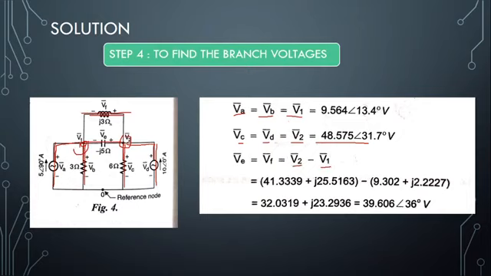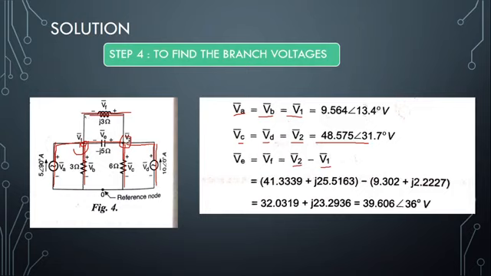So VE and VF are common to the two nodes V1 and V2. Therefore, the voltage across these two branches will be the potential difference between the two nodes. So we need to find what is V2 minus V1, and that gives your required potential for the branch voltage VE as well as the branch voltage VF.